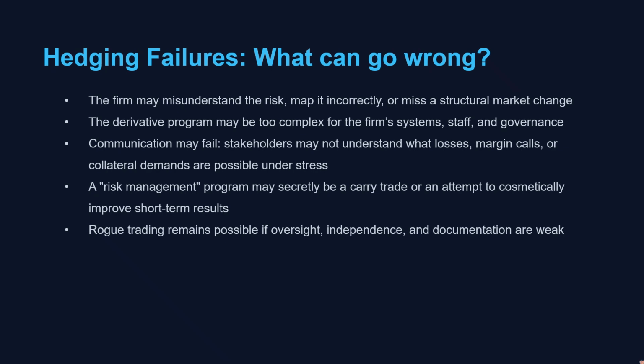And finally, rogue trading remains possible if independence, oversight, reconciliation, and documentation are weak. This slide reinforces a central message: hedging failure is often a governance failure, but it becomes a market loss.